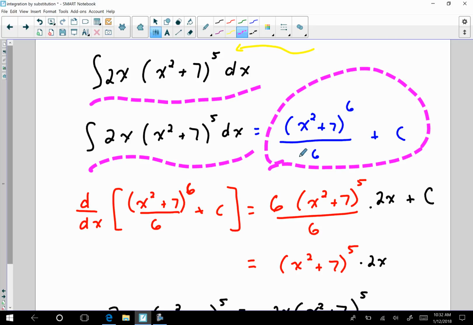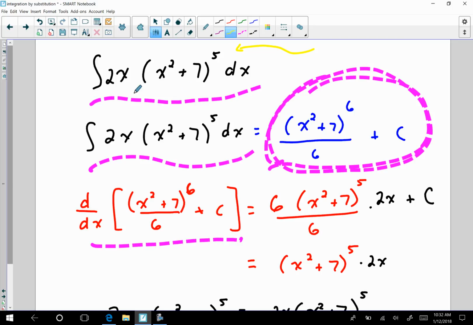So what I want to do is differentiate this creature and see if I do indeed end up with my integrand, 2x times x squared plus 7 to the 5th power. If I differentiate this, the 6 is going to come down in front, and I'm going to subtract 1 from 6. But then I have to remember, don't forget to multiply by the derivative of the inside, which is 2x.